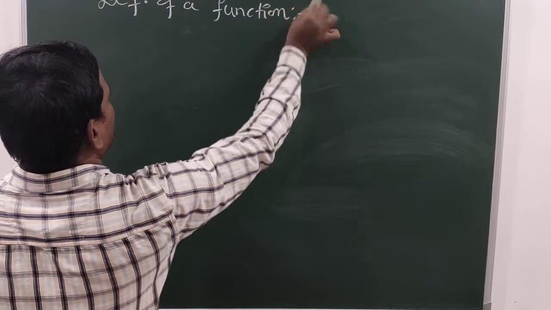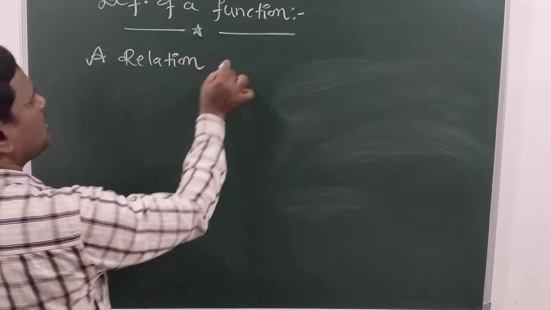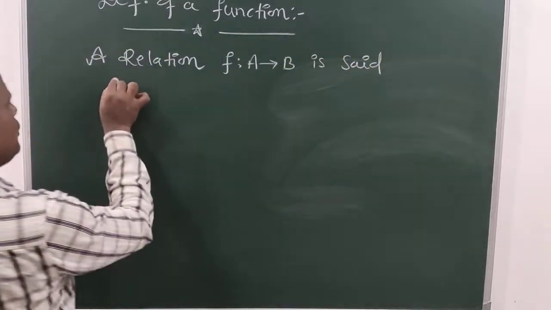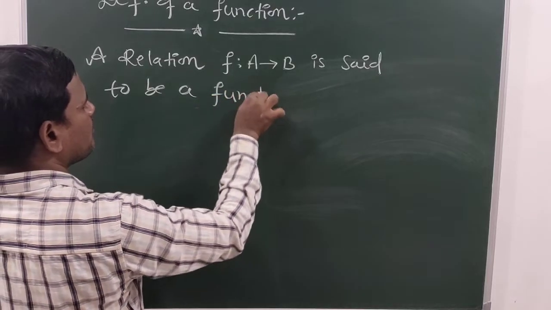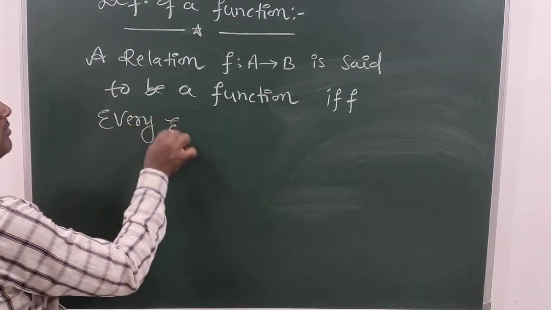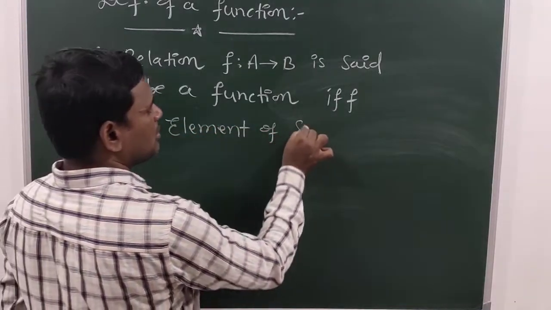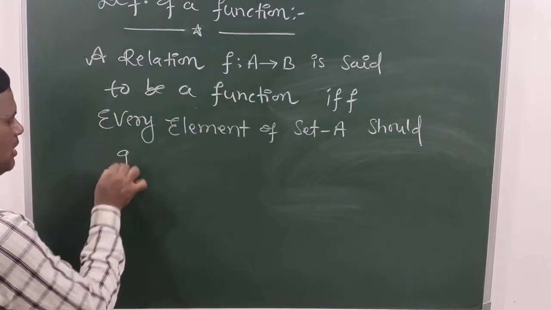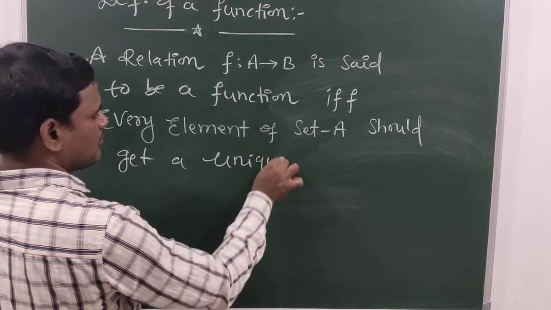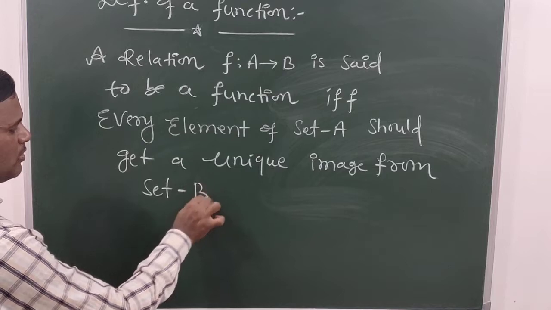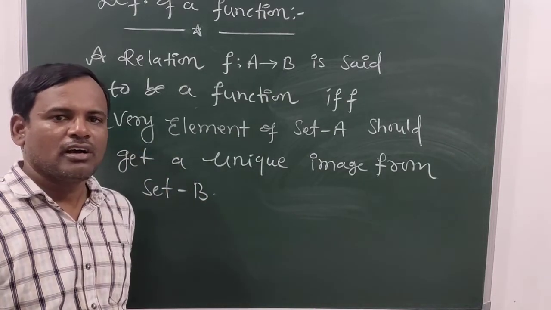Definition of a function. See, a relation f, a mapping from A to B, is said to be a function if and only if every element of set A possesses, or should get, a unique image from set B. This is the definition of a function.